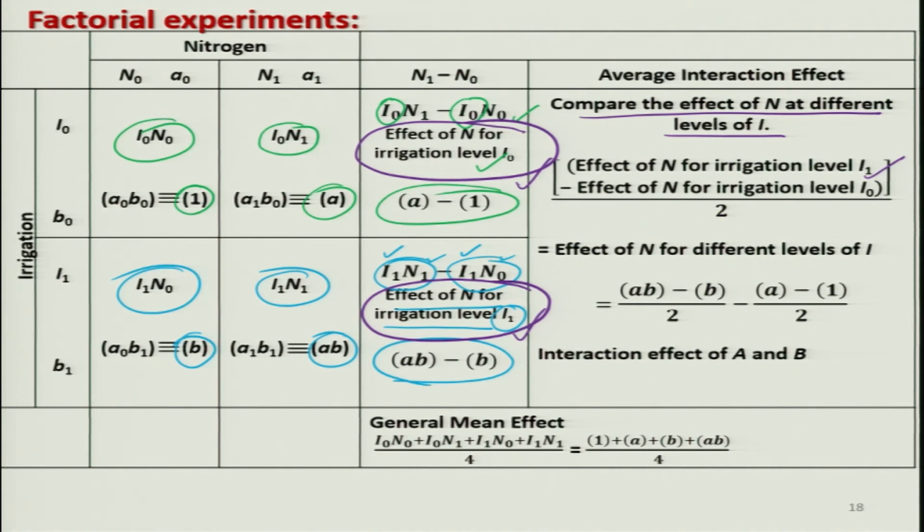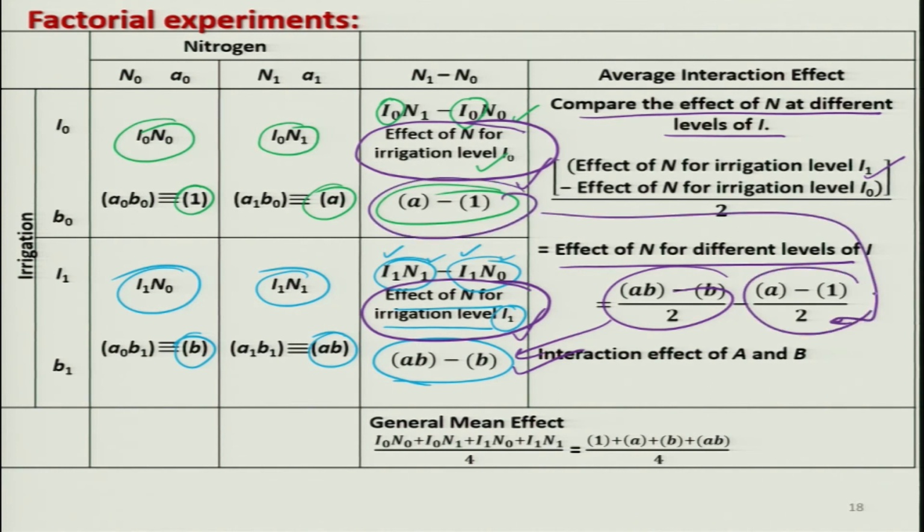So, if you try to see what it is trying to give you, this is the effect of nitrogen for different levels of irrigation. And if you try to rewrite the same thing, I can write down AB minus B by 2 minus A minus 1 by 2 from here.